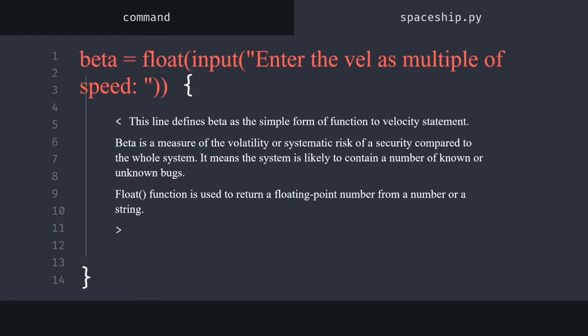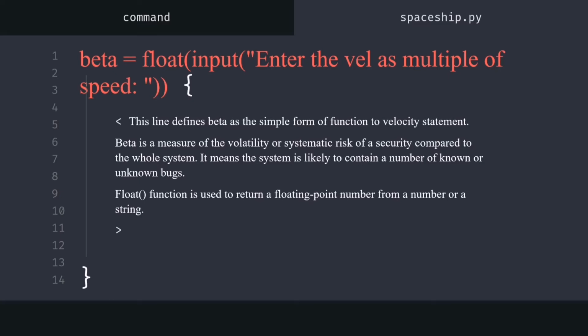So, we continue with the next code, which is beta equal to float, open parenthesis, input open parenthesis, quotation mark, enter the val as multiple of speed, colon, quotation mark, close parenthesis, close parenthesis. The val here is the velocity.